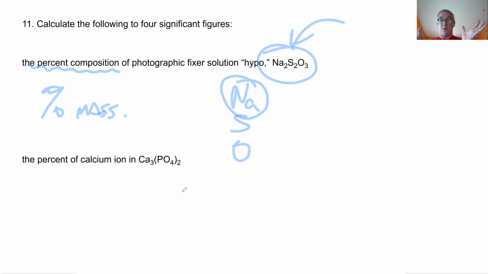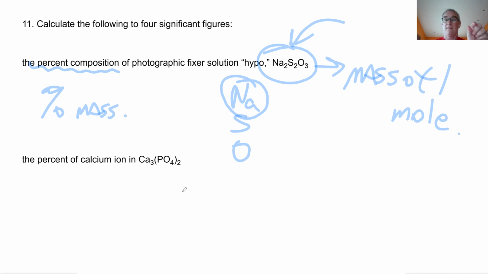You can never get away from moles. But the moles will tell us what the mass of each atom is in a mole of the molecule. So we determine the mass of a mole. And then from that mole, how much of it is sodium, how much of it is sulfur, how much of it is oxygen. And then give a percentage of each one.